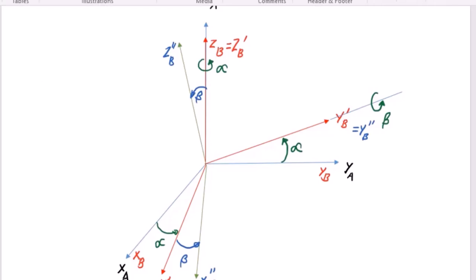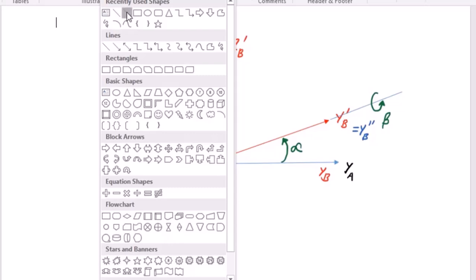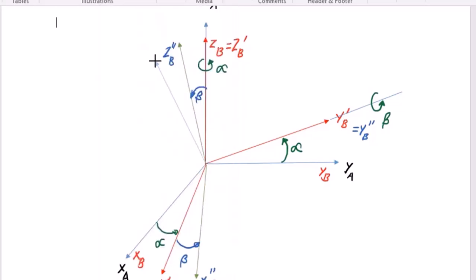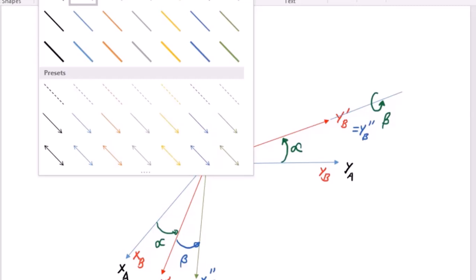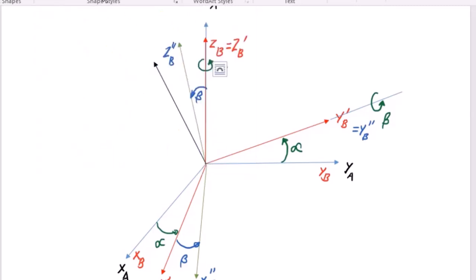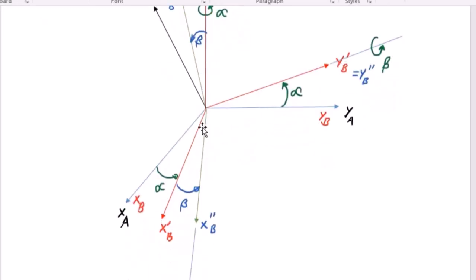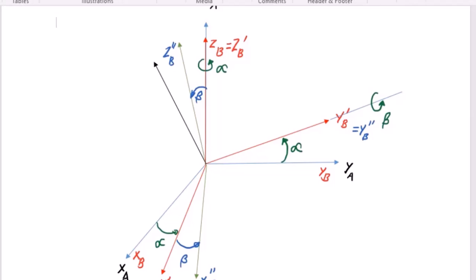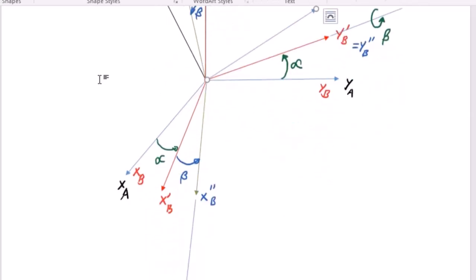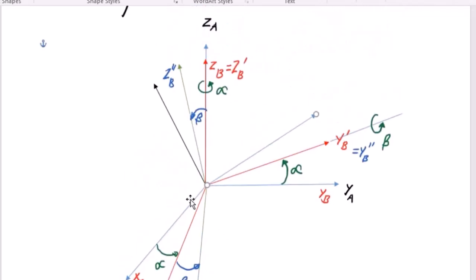So we will create the new position. Create an arrow, the same arrow with the new position. I will use a dark color. Any other color? I will better use the black one. Okay. So this is now the new position of the ZB, and for the YB here. That is the last rotation. So therefore, we rotate the gamma.